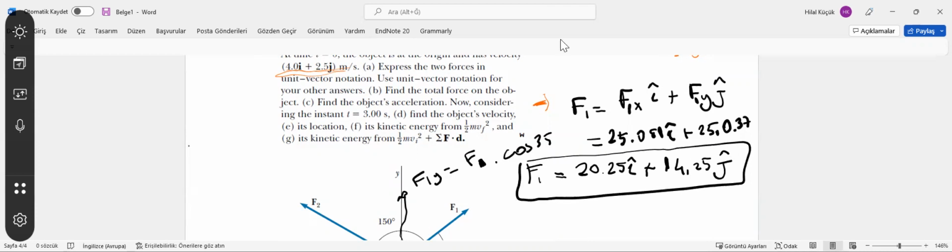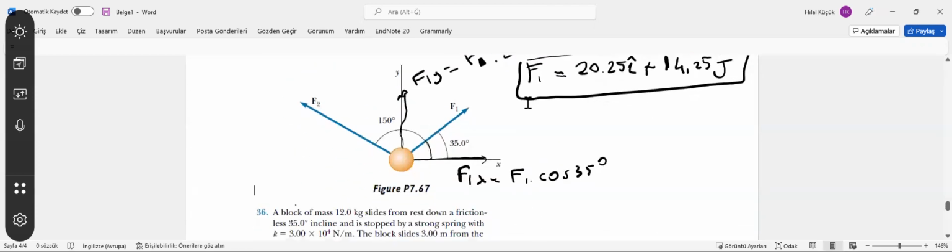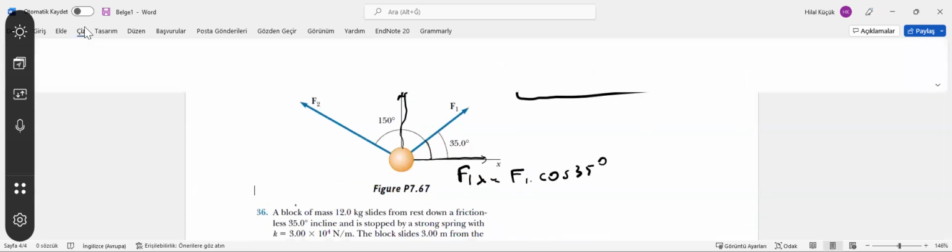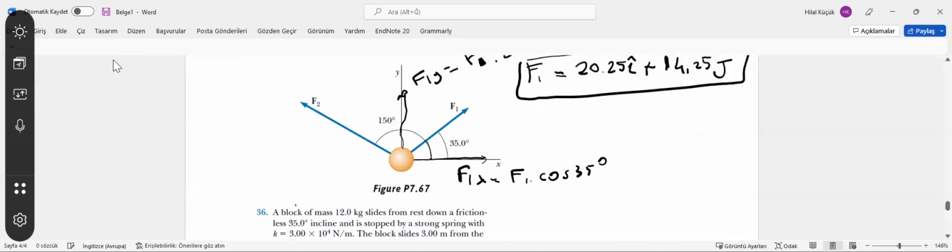Okay. You can do a similar thing for F2. You just need to split its components. Like that, this one is F2y and this part is F2x. How can I find this angle? Can you use this angle? Sure, you can use that angle. I think that one is much easier.